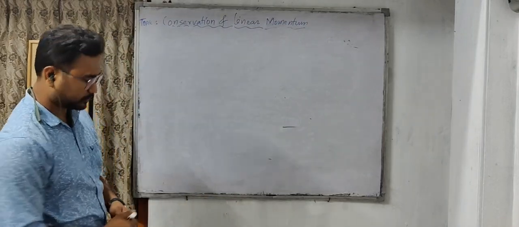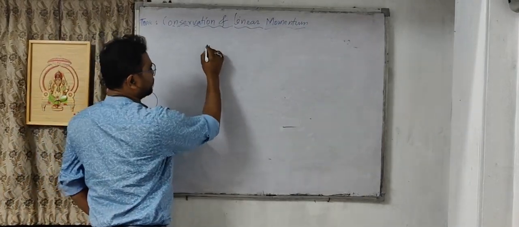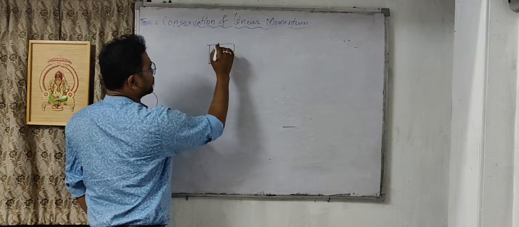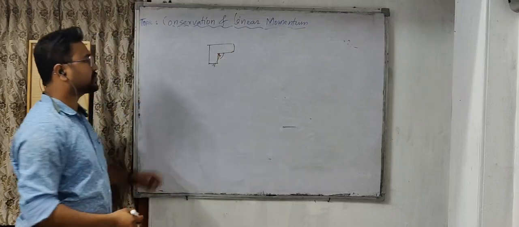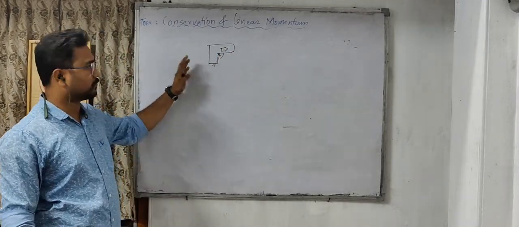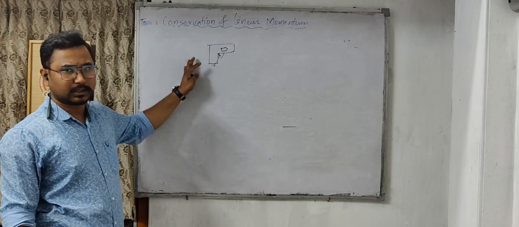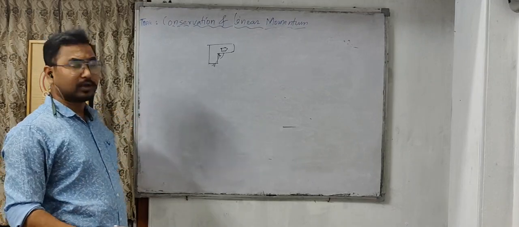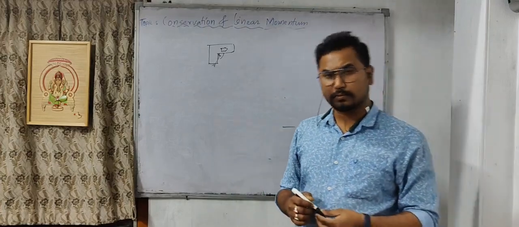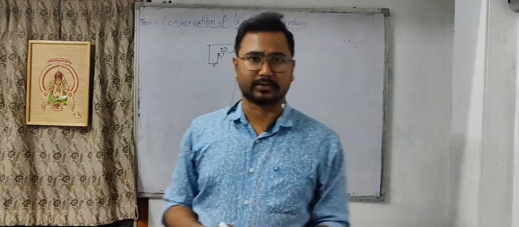Suppose this is one rifle. Okay. So now initially you can see the bullet inside the rifle. So there what is the momentum? Both of these have momentum zero. Right. So now after the collision or after the firing, the momentum should also be zero. Correct?